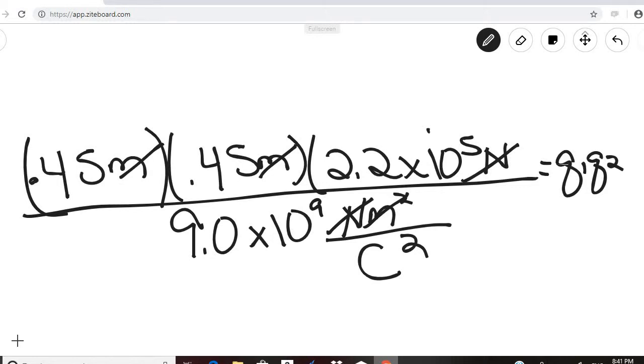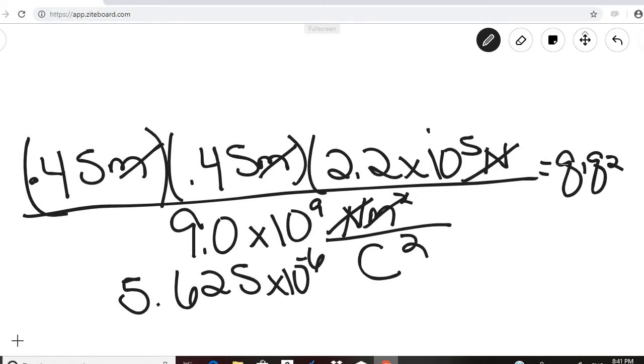So if we do this math, what you should get is, I need to check these significant figures, but let's see, 5.625 times 10 to the negative 6 Coulomb squared is equal to Q1, Q2.